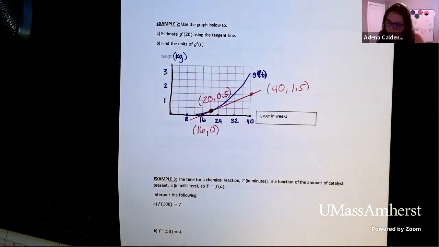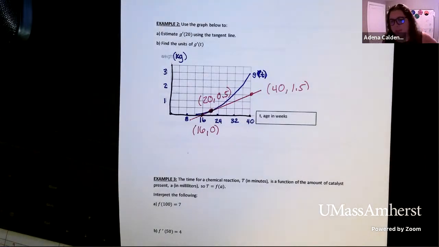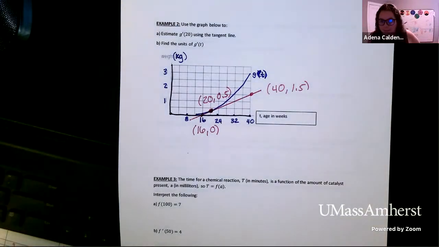Alright, so finish up whatever part you're working on. Okay, so as usual, your approximation may not be exactly the same as mine, depending on how you drew your line and where your points go, but there should be some similarities.